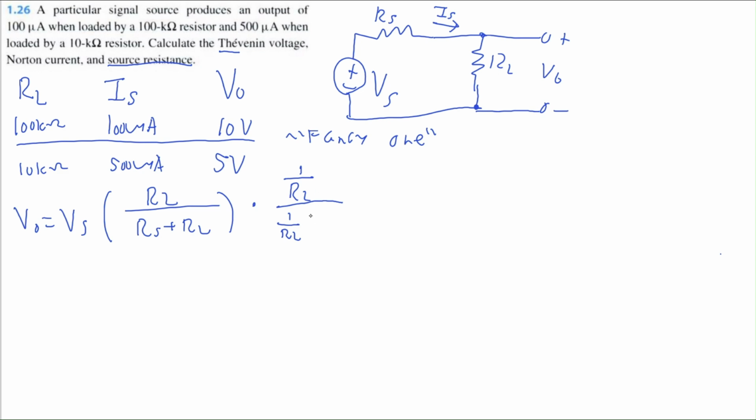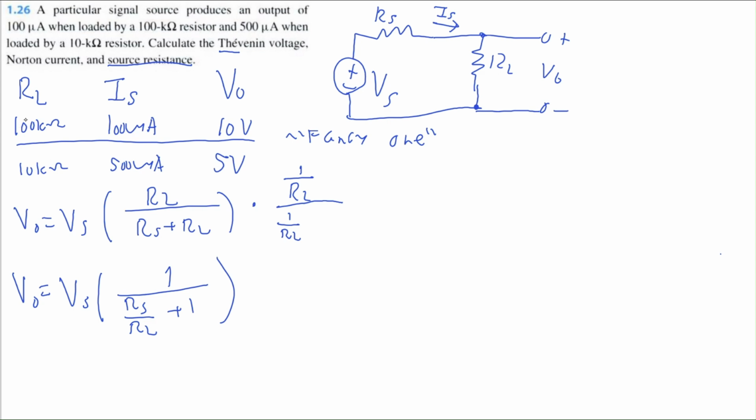So again, this expression is just equal to 1. So that's why this is valid. So this simplifies to VS times RL times 1 over RL equals 1. RS times 1 over RL is RS divided by RL. And then RL times 1 over RL is just 1. So hopefully that makes sense of why I did that.